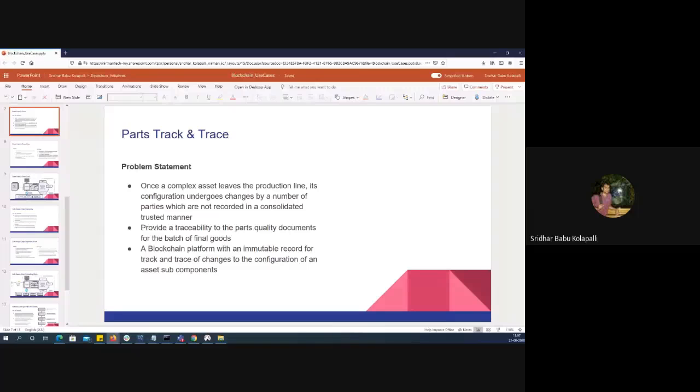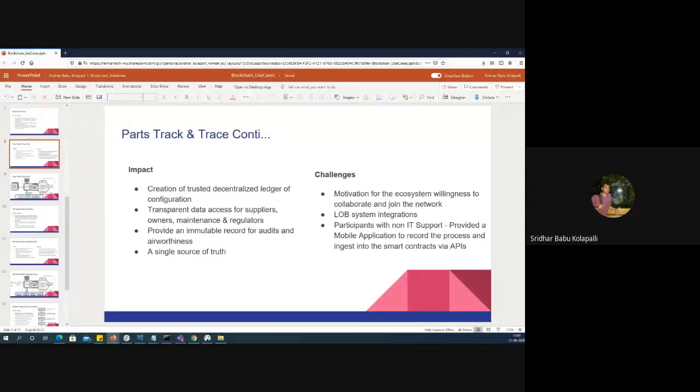So how do we enable immutability of the quality data which comes along with the part, so that I can have complete traceability? If I look at the impact, there is the creation of a decentralized ledger and transparent data access for my suppliers. They know my roadmap, what my demand for parts is, so that they can work ahead of time, understand what exactly the demand is and how to generate it, and what my quality expectations are.